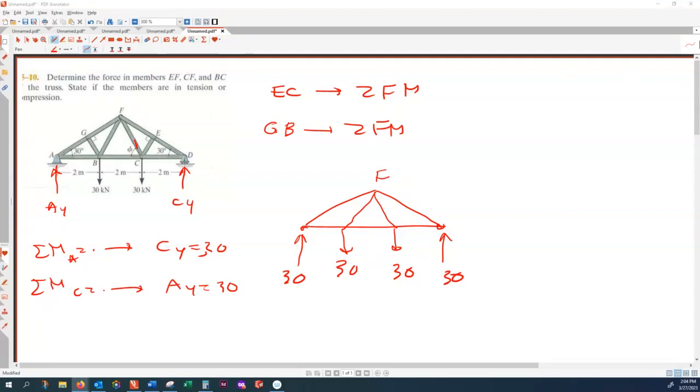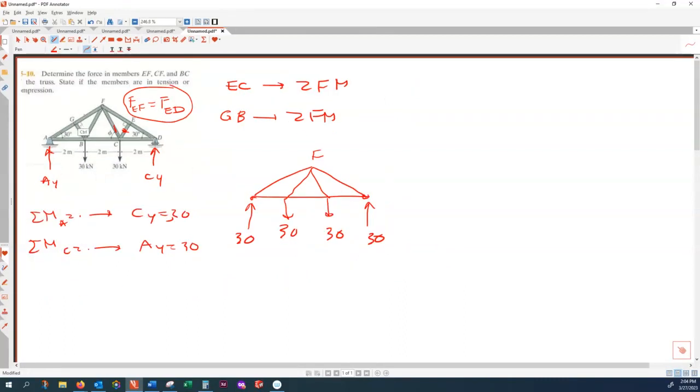All right. So now the problem has become more solvable. And to find out EF, if this is zero force member, I can say that FEF is equal to FED. Do you agree with that?